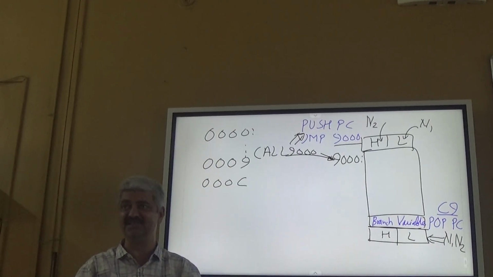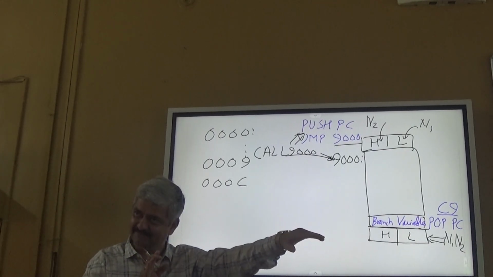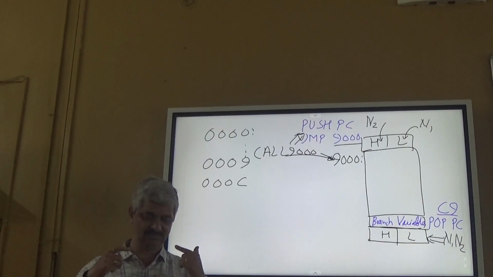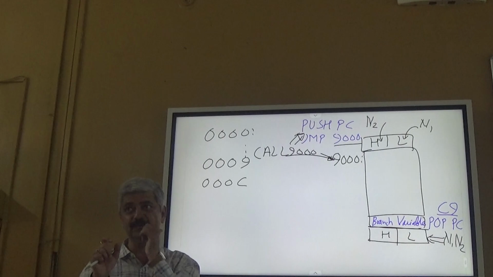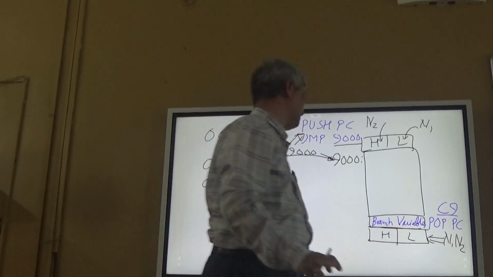Call is how many byte instruction? A 3 byte instruction, because call address 60. Right? So now with this I write the set of instructions, and you should be able to write down the machine cycle sequence.